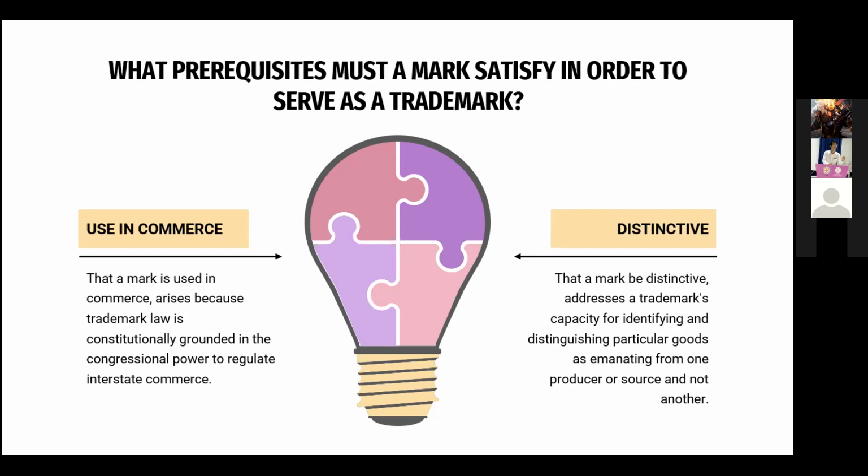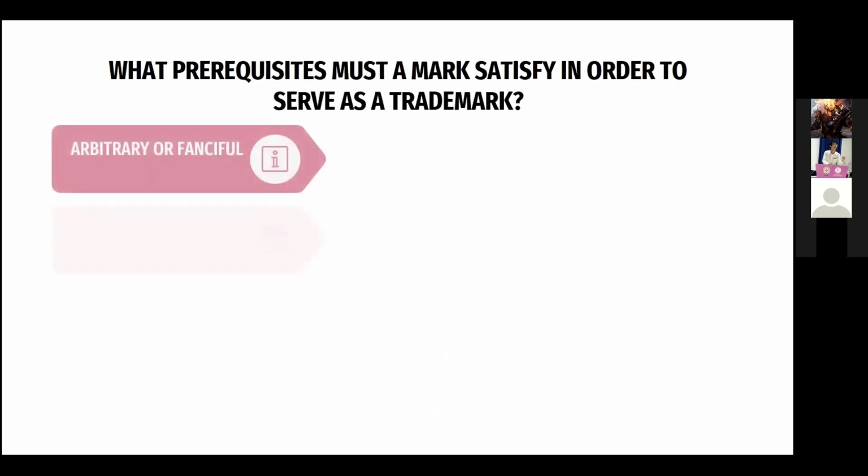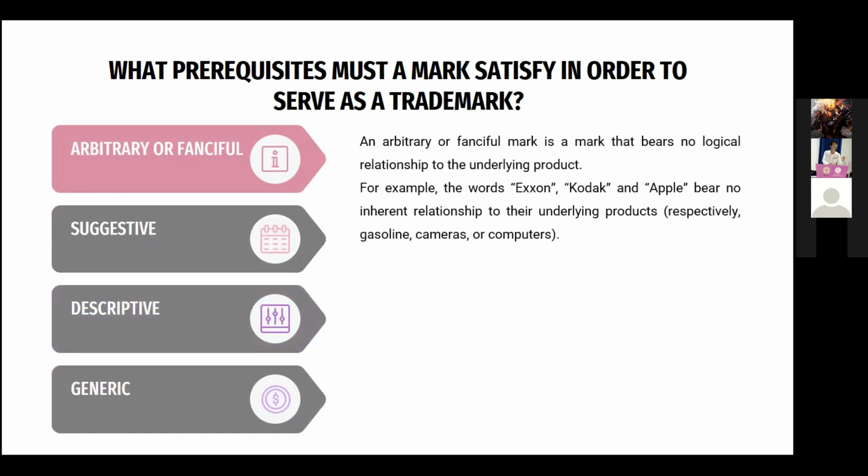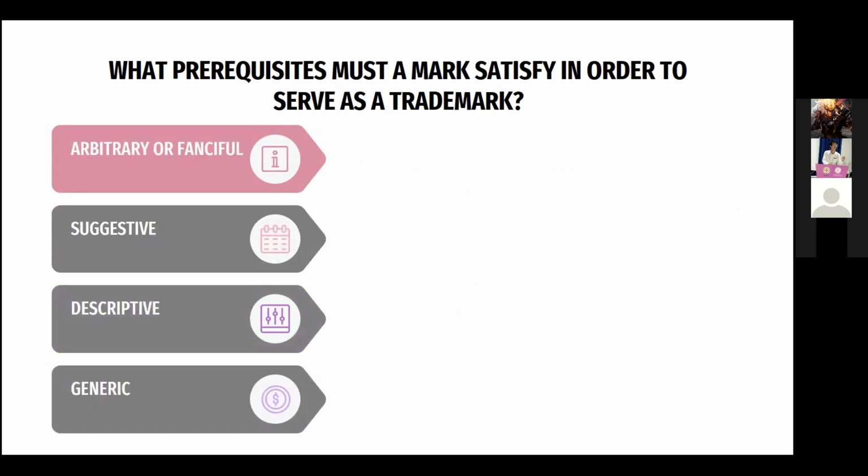In determining whether a mark is distinctive, the court groups marks into 4 categories based on the relationship between the mark and the underlying product. The first is arbitrary or fanciful. The second is suggestive. Third is descriptive. And fourth is generic.